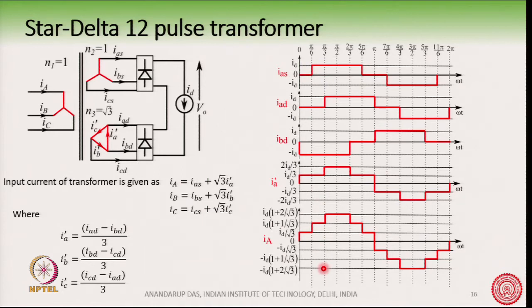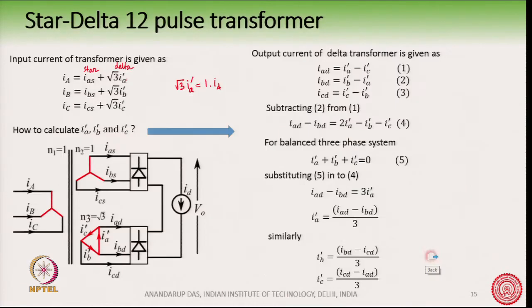But now, in the presence of this star delta transformer, we see that the IAS waveform and the I capital A waveform are distinctly different. I capital A waveform has more steps like this with these values here.